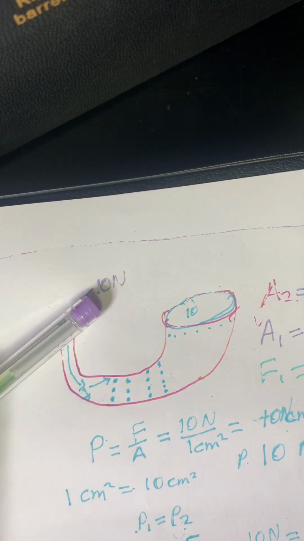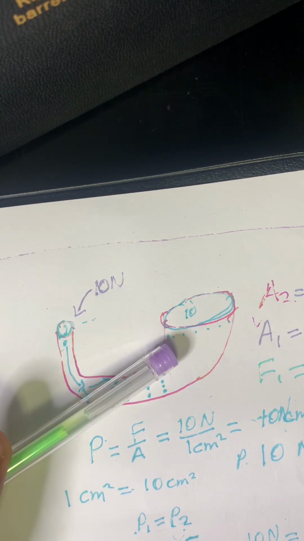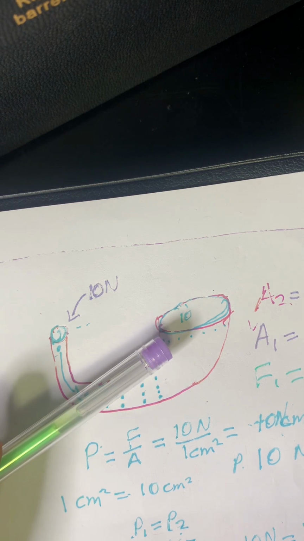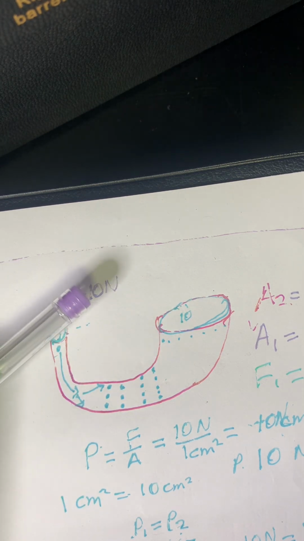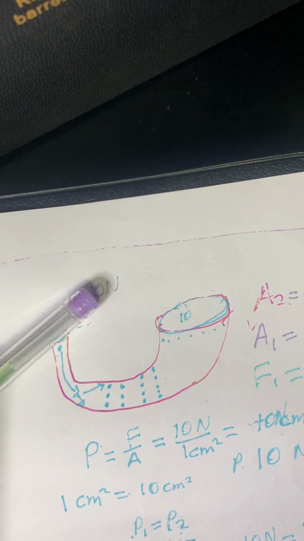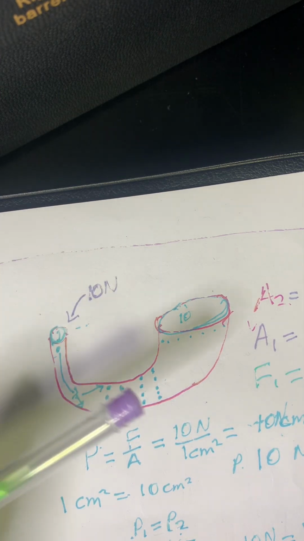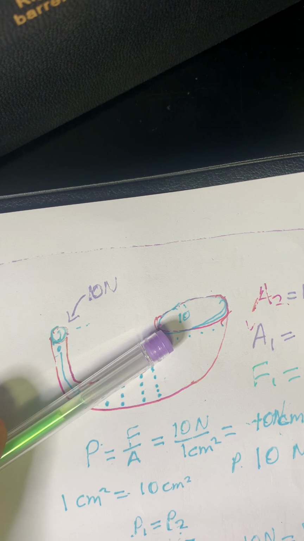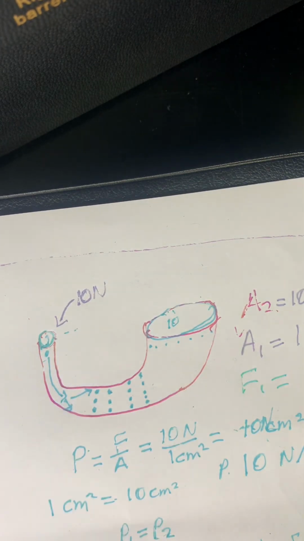By inputting a force of 10 newtons on a smaller area, you're experiencing on the larger area a force 10 times larger. So that must mean energy was created. Wrong. It's not an infinity energy machine, and I'm going to explain that on the next video.